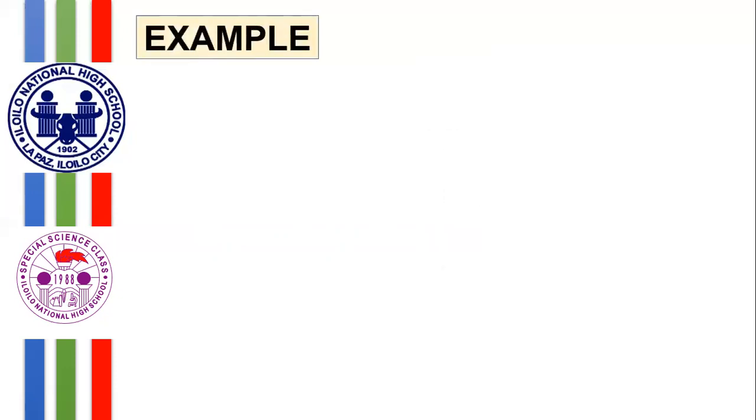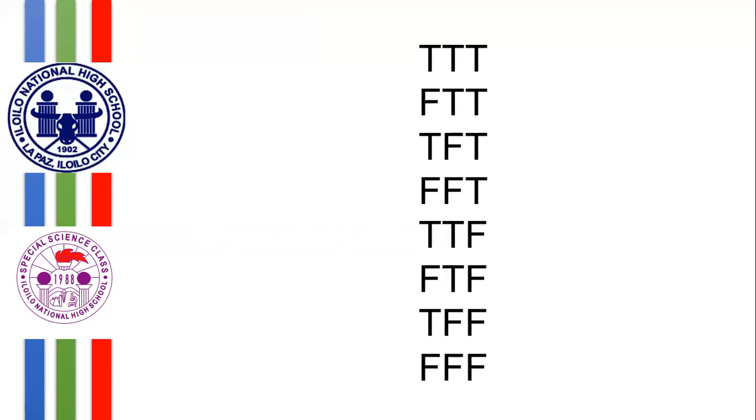But don't worry. In this case, we just listed them because the 8 outcomes is just manageable. But more often than not, I will not let you write everything, especially if there are hundreds or thousands of possibilities. What's important is that we know how many possibilities there are.